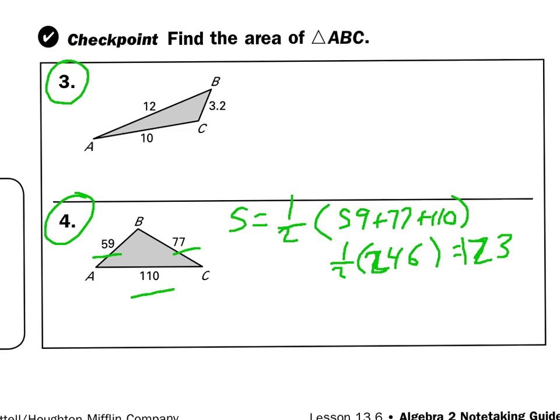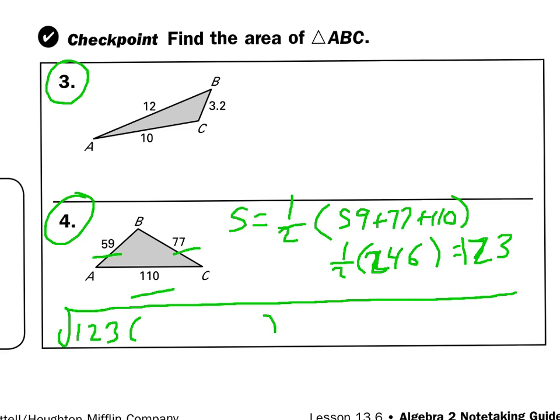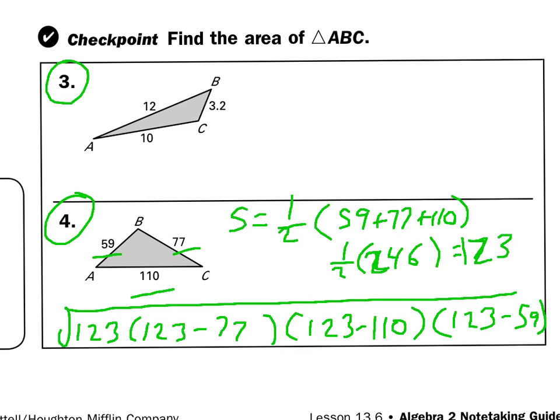So, now I go into this mode here, and I have 123 times 123 minus 77 times 123 minus 110 times 123 minus 59.